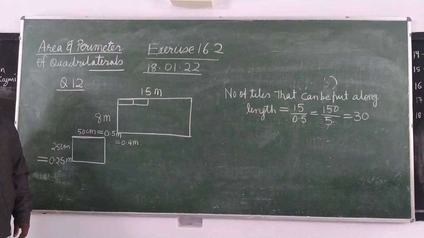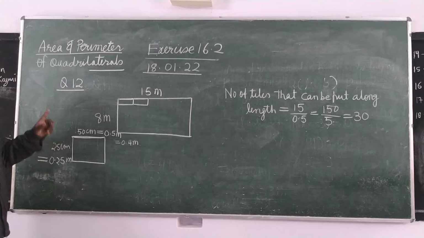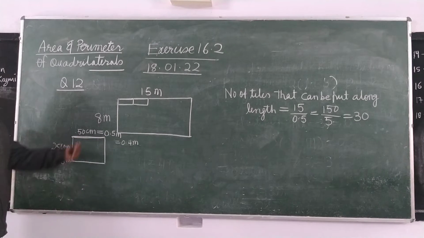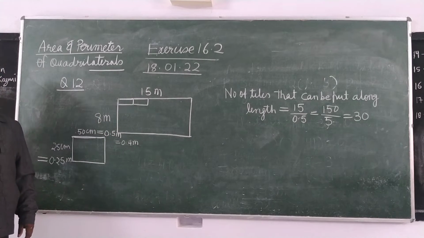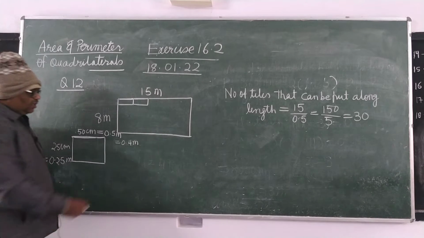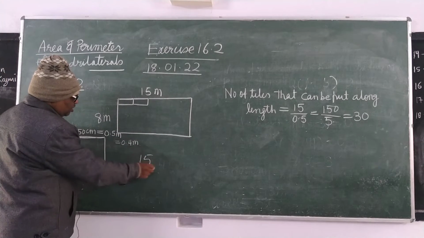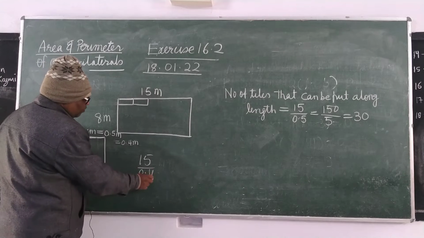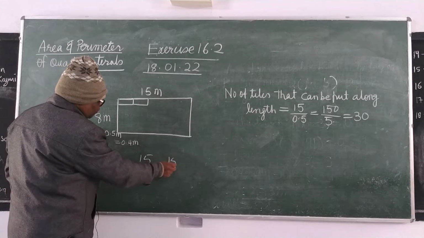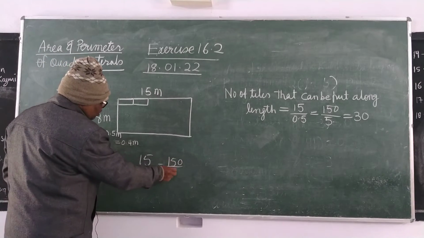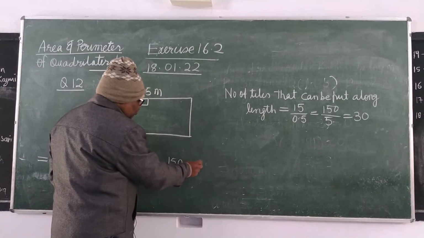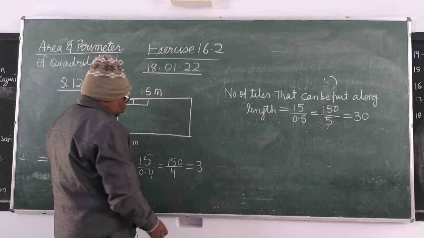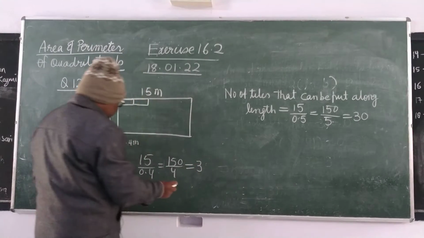It's clear? Length of each tile equals to 0.4 meter. Instead of 0.5 meter, just I have taken 0.4 meter. Then how many tiles can be put? So then it will be 15 upon 0.4. So it will be 150 upon 4.